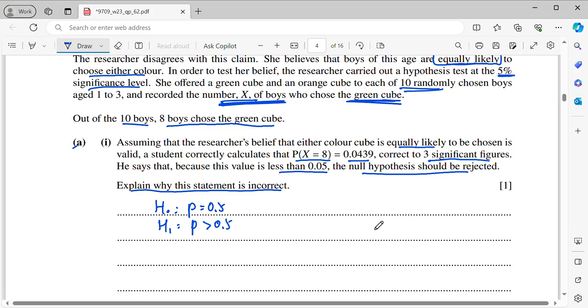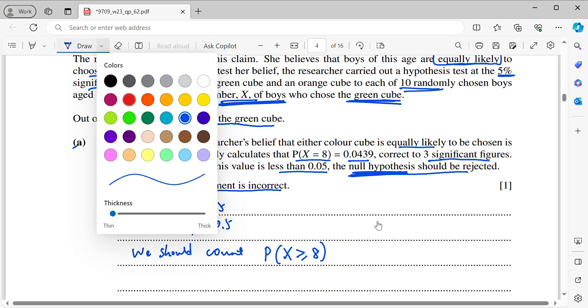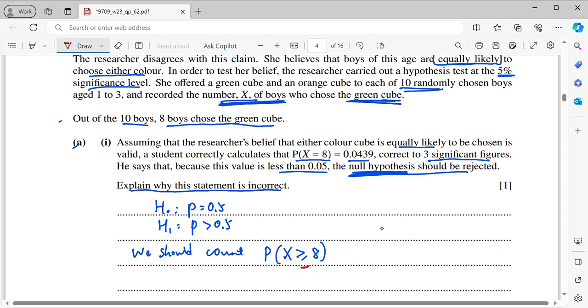Okay, now if you need to reject the H0, the null hypothesis, we should count the probability that X is at least 8, because the at least 8 depends on the H1. If your H1 is p greater than 0.5, then it will be at least 8.